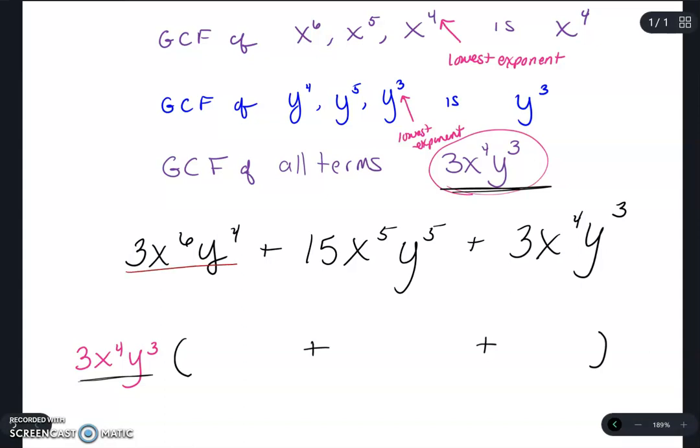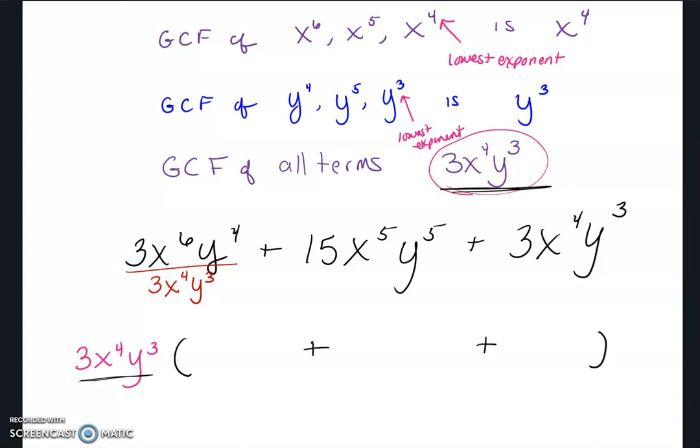and then write down here what's left over. So if I divide 3x to the 6th, y to the 4th, by 3x to the 4th, y cubed, then I just look at it as if it's just one monomial here. Okay, and then I use my exponent properties. So 3 over 3 would leave me with just a coefficient of 1.